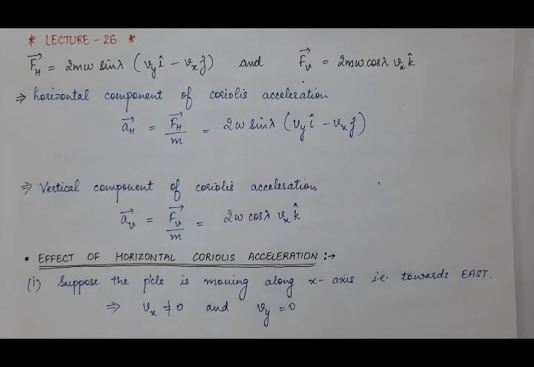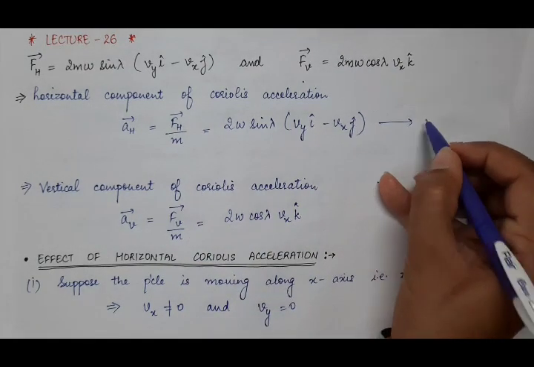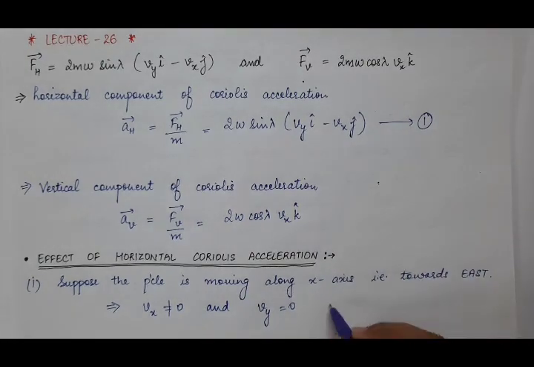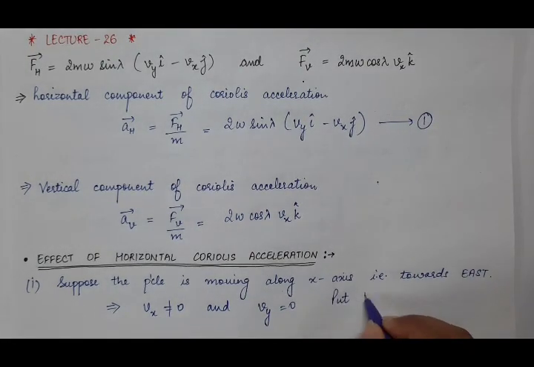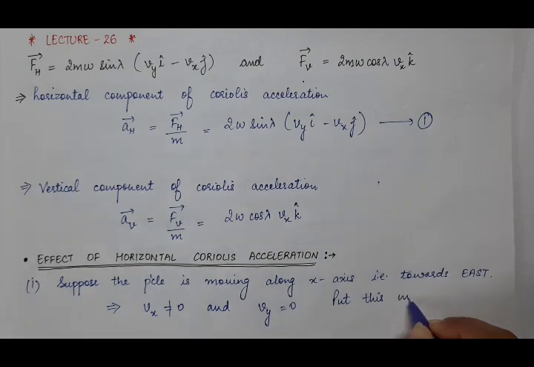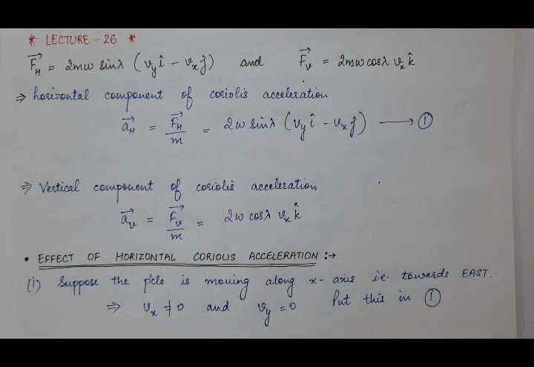Now put Vy equals 0 in this equation, suppose this is equation number 1. How will the value of the horizontal component of Coriolis acceleration change?